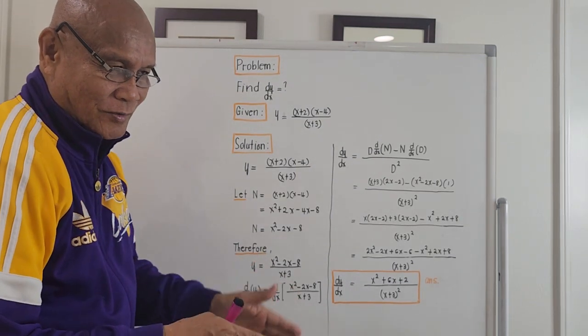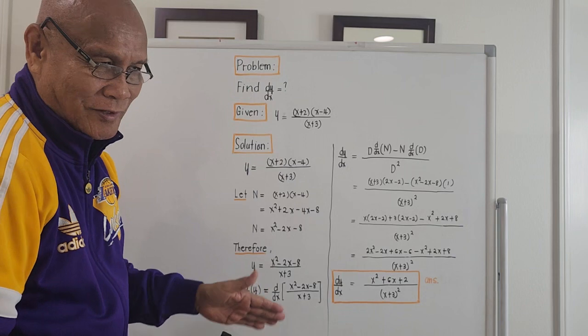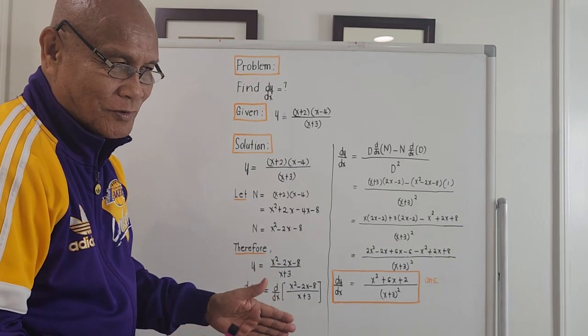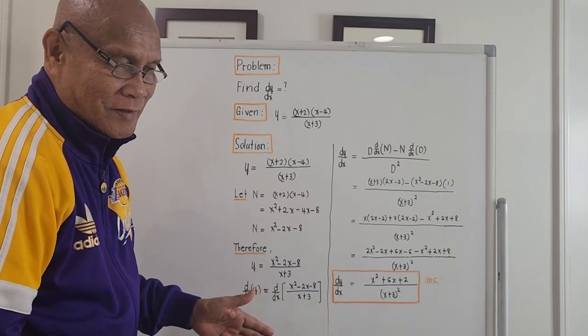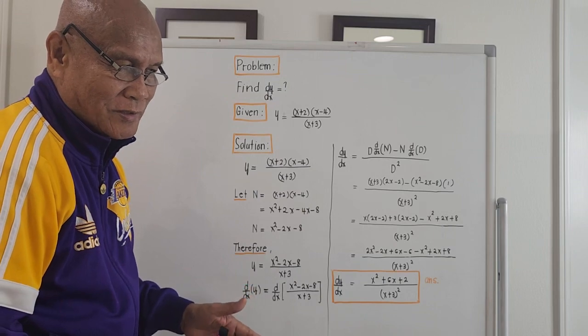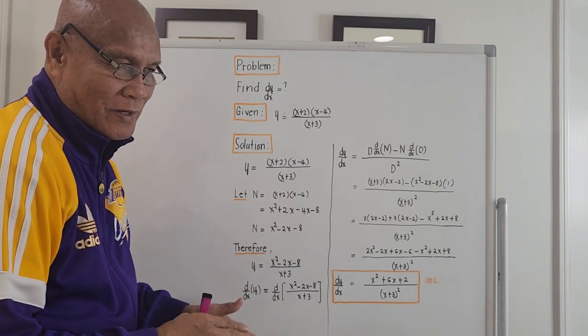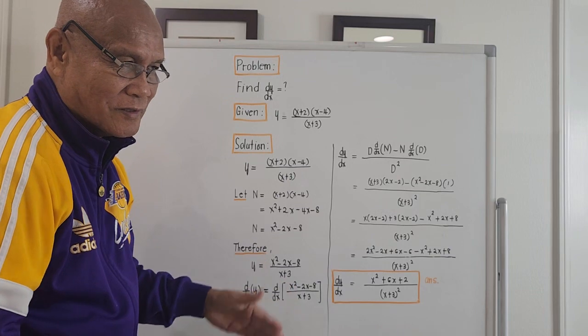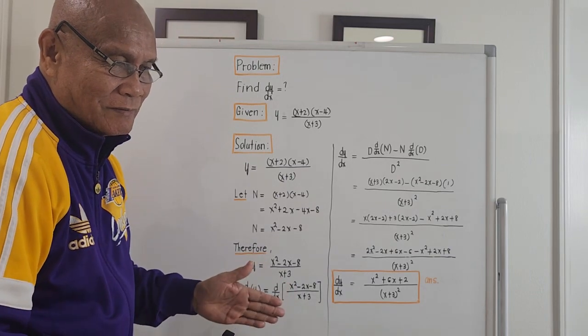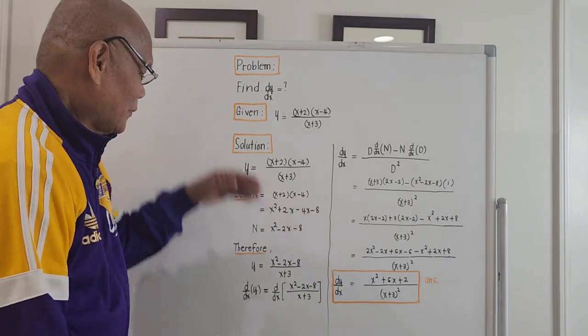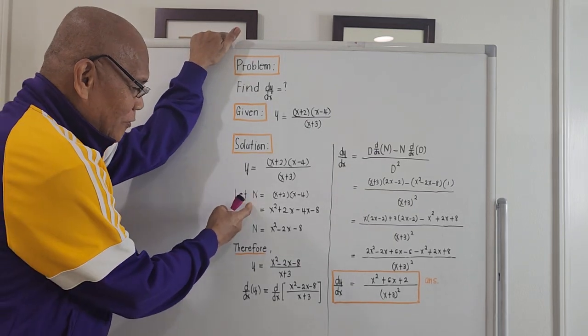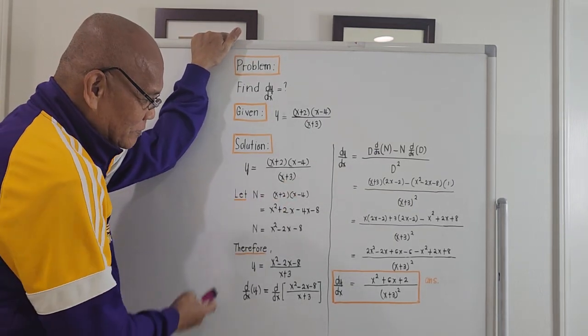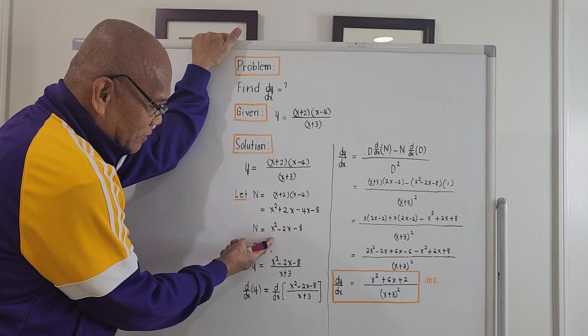As you can see, algebra is actually very important because if you don't know how to expand and you do not know how to take the product of a negative and a positive, that's another thing. But if you know it, very good. So the n now, after the simplification, will be x squared.